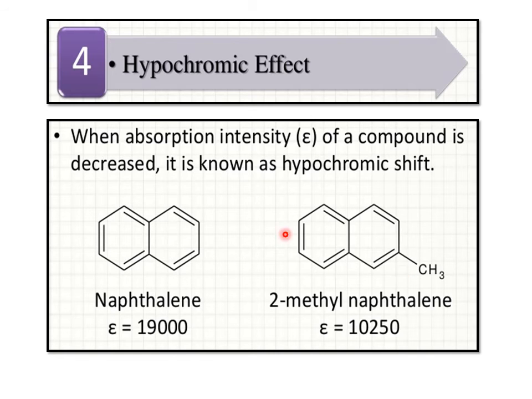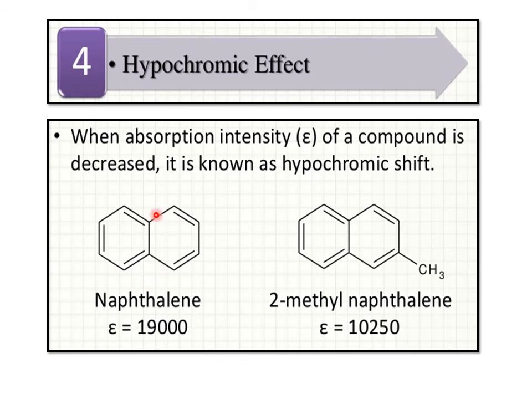That is the hyperchromic effect. When the absorption intensity of a compound is decreased, it is known as hypochromic shift. We are taking naphthalene and 2-methylnaphthalene.